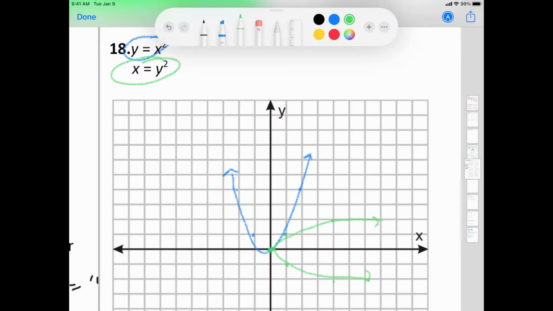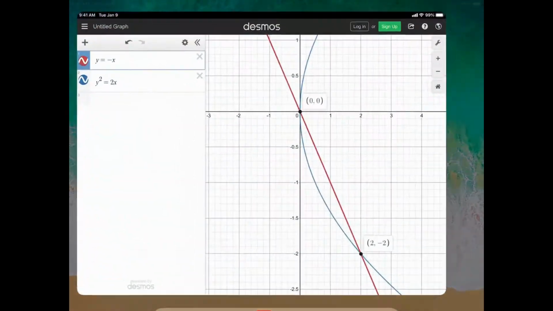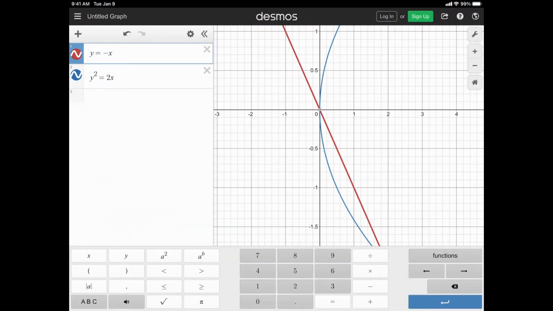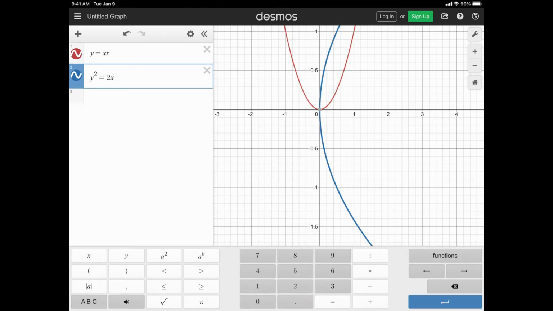So let's see if I was correct. X equals y squared.